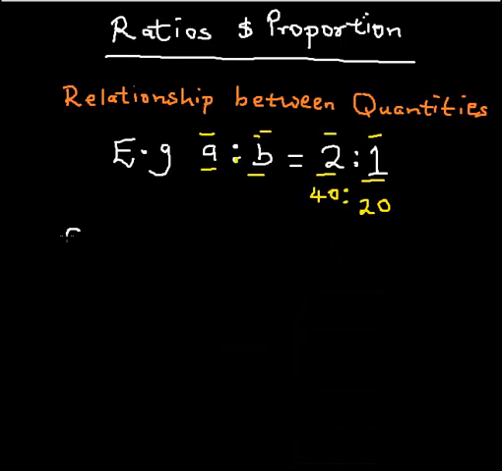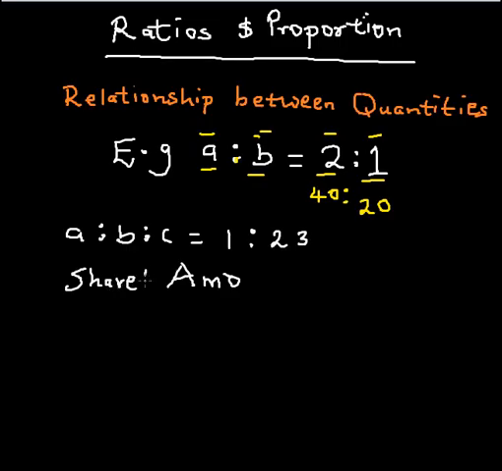Let's say A is to B is to C is the ratio 1 is to 2 is to 3, and the total shared amount of A, B, C is, let's say, 1,000.